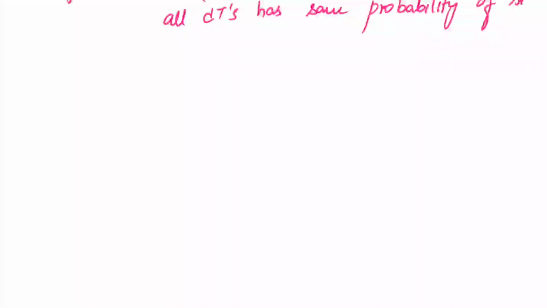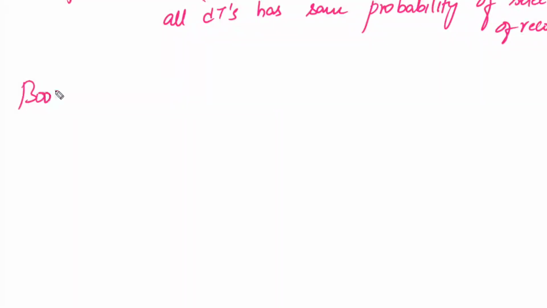If you write bootstrap equal to true, the meaning of bootstrap equal to true is nothing but data with replacement. This means all the decision trees have the same probability of selecting the records.